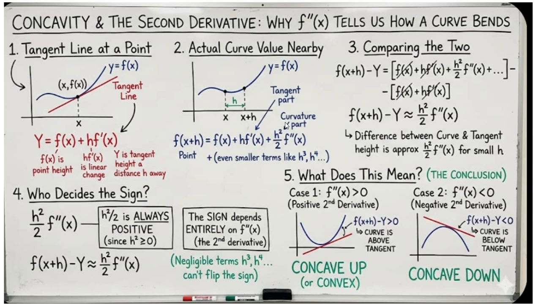The remaining terms will not affect the sign of f double dash of x. You can check with an example. Therefore it depends entirely on the second order derivative.